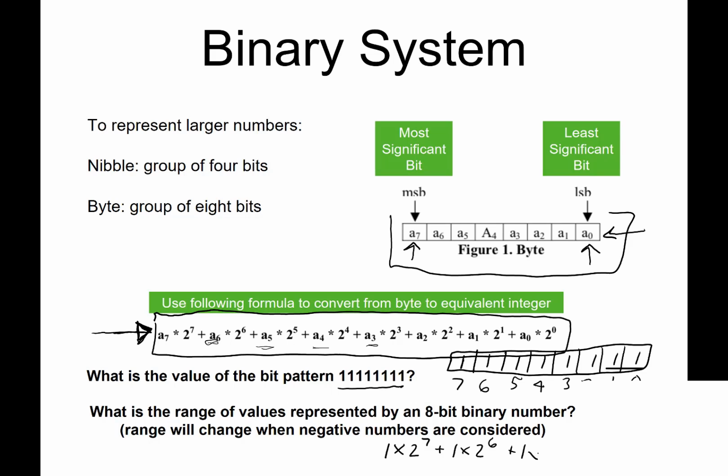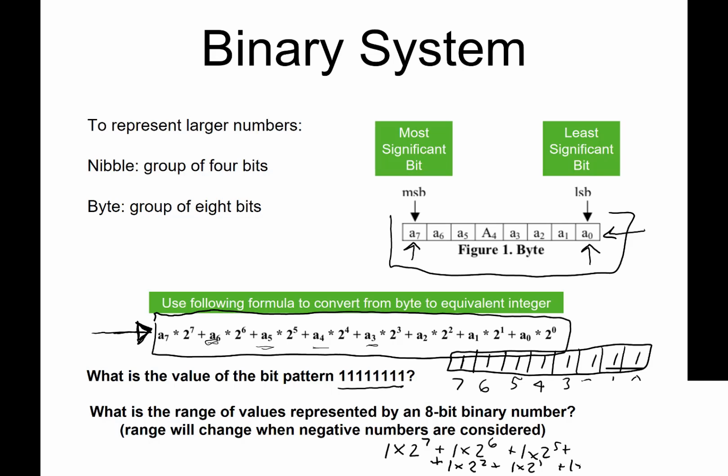So plus 1 times 2 to the 5th plus 1 times 2 to the 4th plus 1 times 2 to the 3rd plus 1 times 2 squared plus 1 times 2 to the 1 plus 1 times 2 to the 0. If you work through that, you get 255. So 255 is the maximum number we can store in this byte.